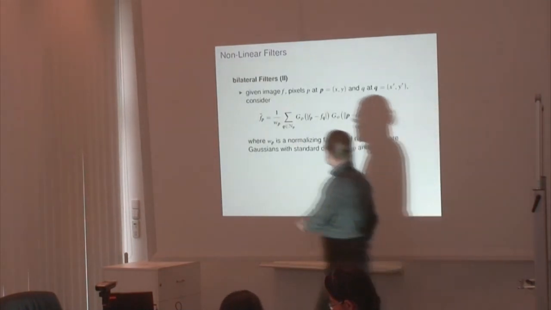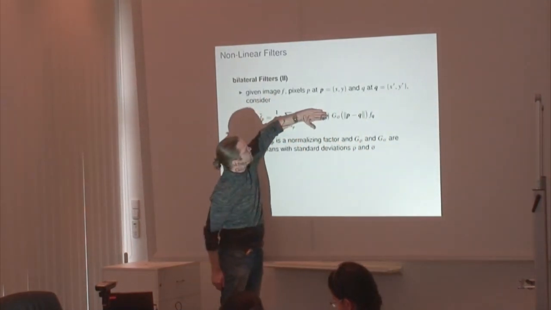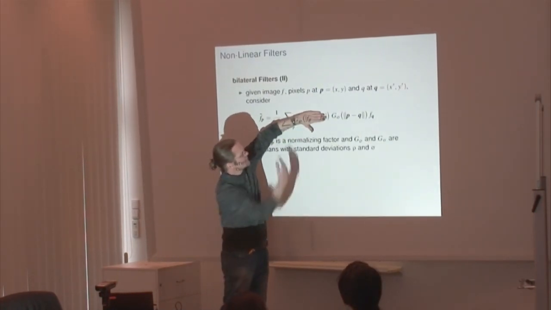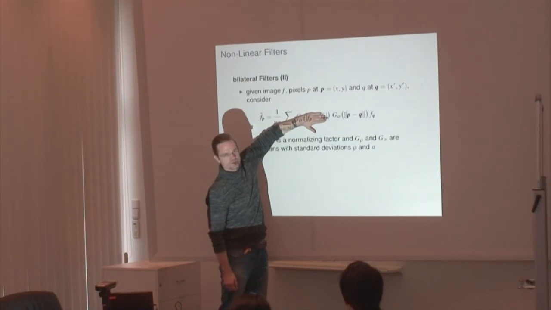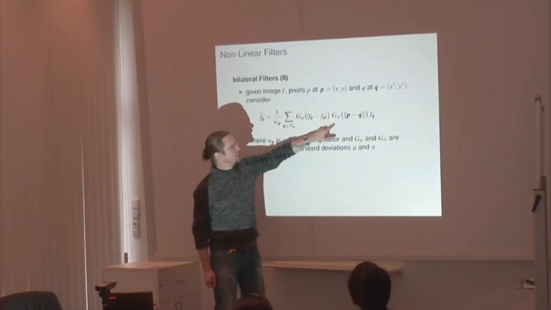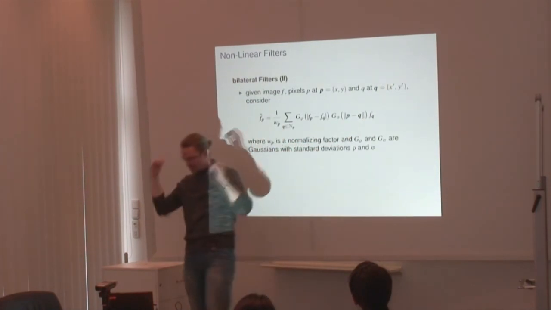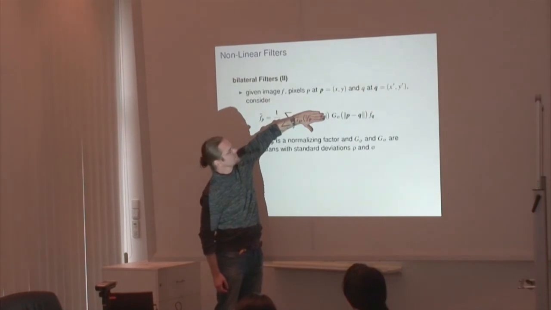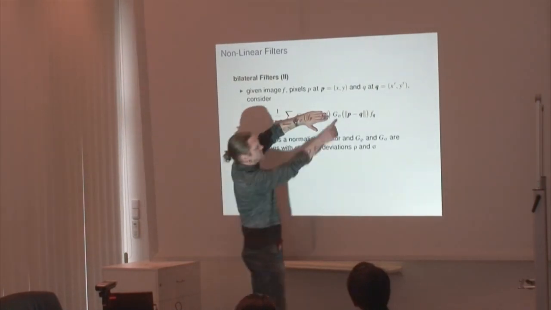And if this first factor was not there, then this is Gaussian filtering, because this is supposed to be a Gaussian convolution mask, and this is the value at q, and this is just the convolution of this with that one.